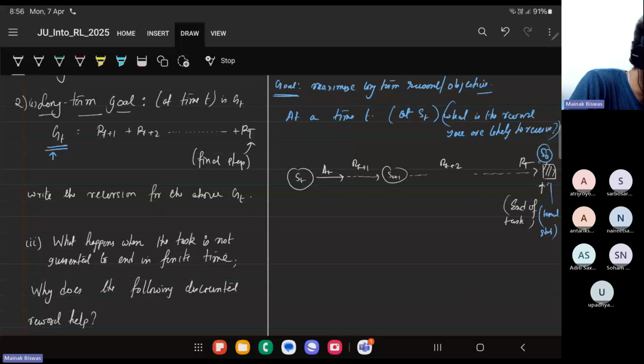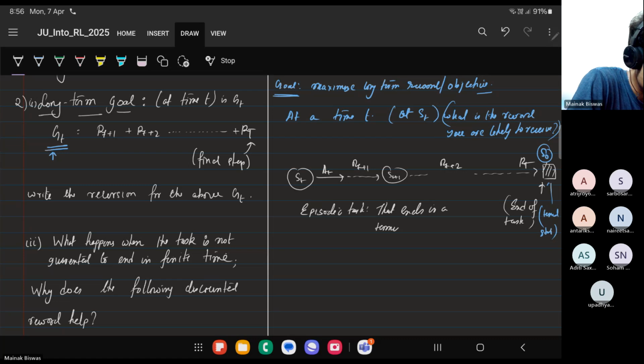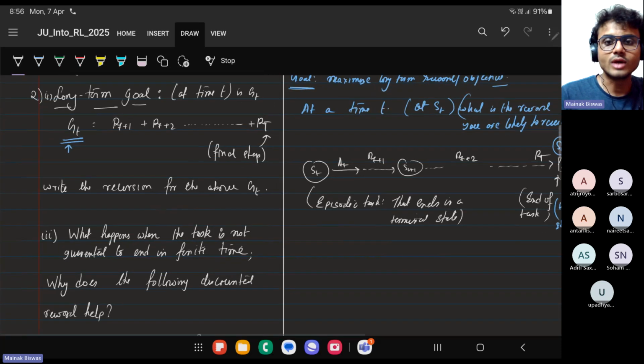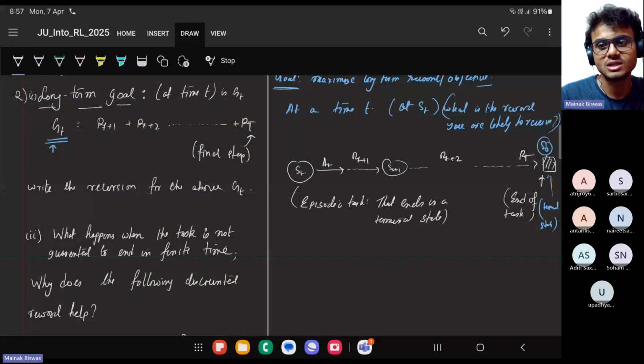So this is called an episodic task, a task that ends in a terminal state. For example, a chess game. In a chess game, you can keep playing moves, but it will end with a draw, a white win or a black win. Any of the three is a terminal state.